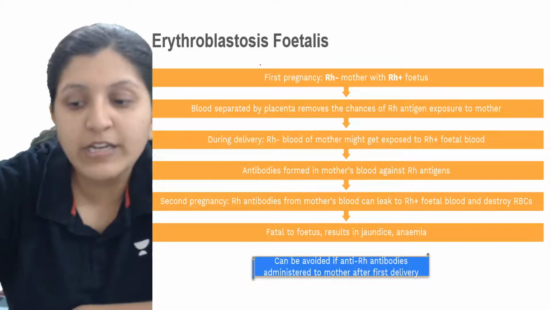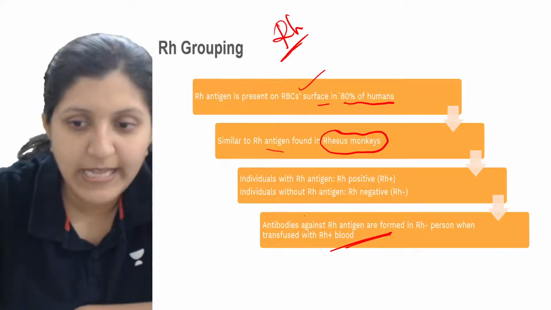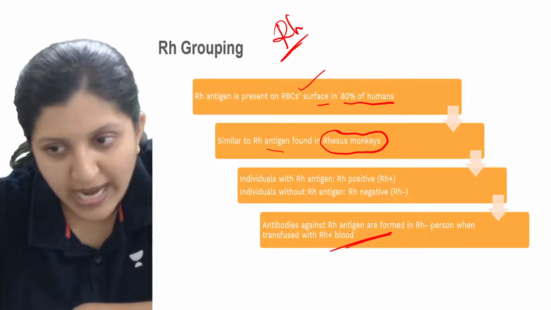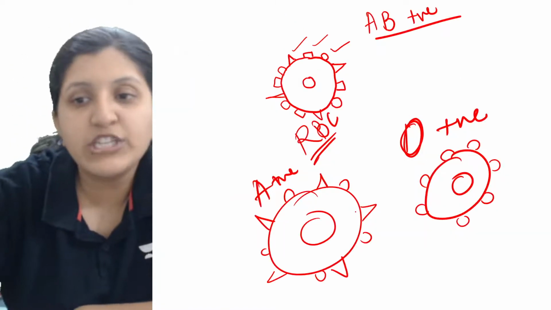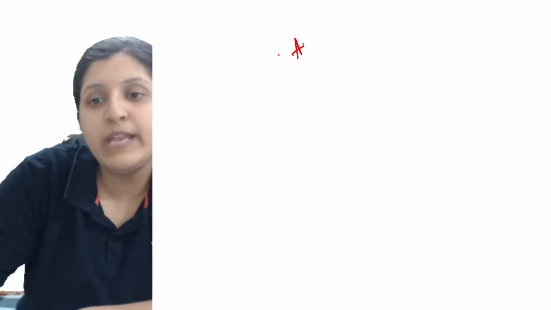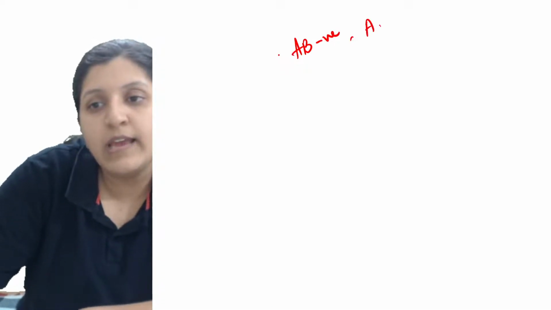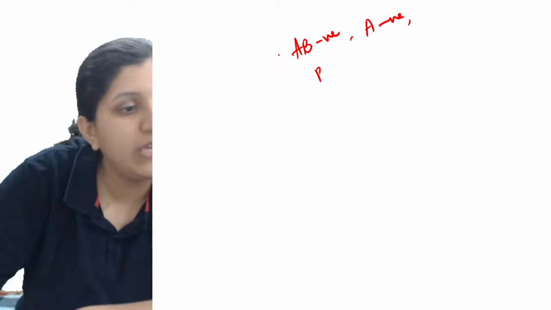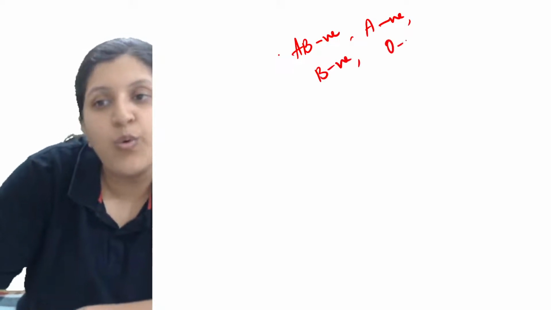There is one condition I was trying to explain, that antibodies against the Rh antigen are formed in an Rh negative person. Who is that Rh negative person? The AB negative, A negative, B negative, and O negative.